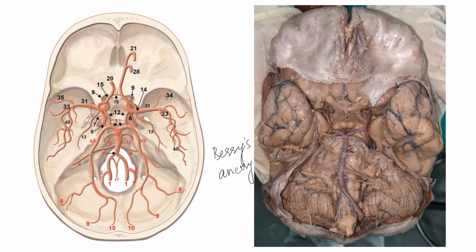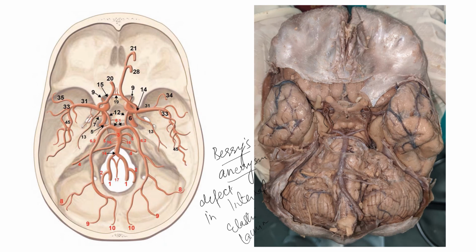Basically there is a defect in the internal elastic lamina, and that will lead to the dilatation of any part of this circle of Willis, and that will lead to the Berry's aneurysm.